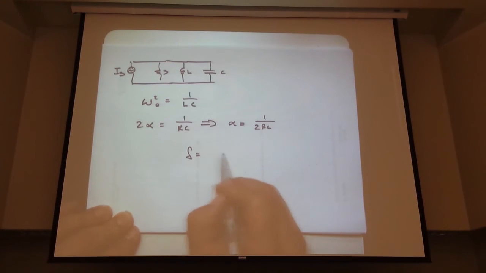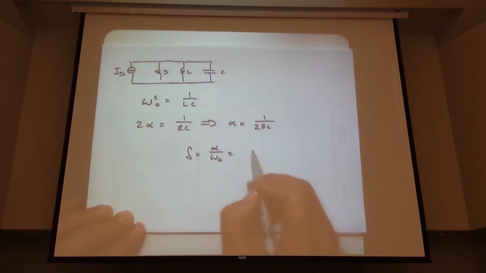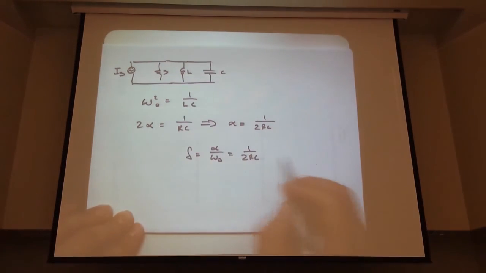So the damping ratio, alpha over omega naught, equals 1 over 2 RC. When we invert this, square root of LC.